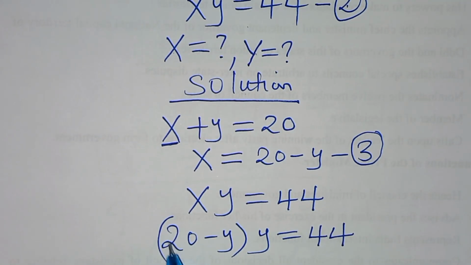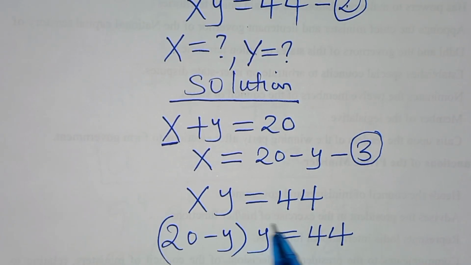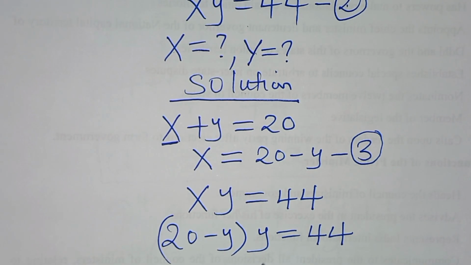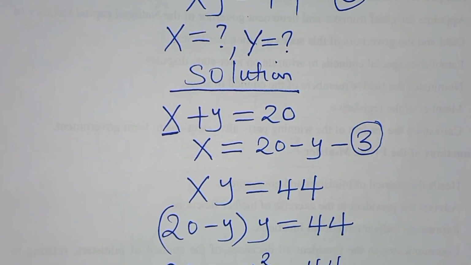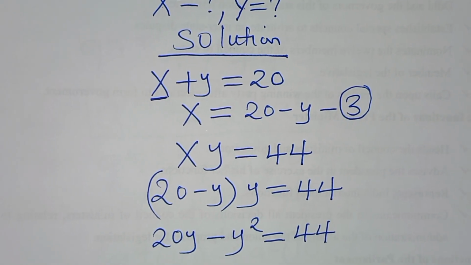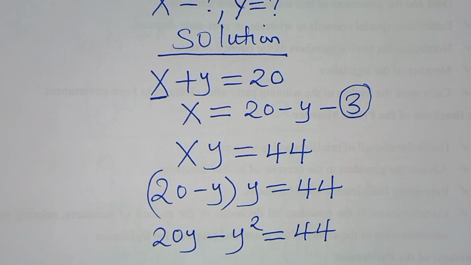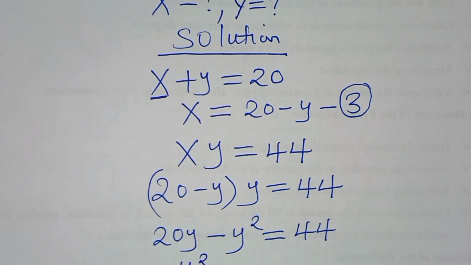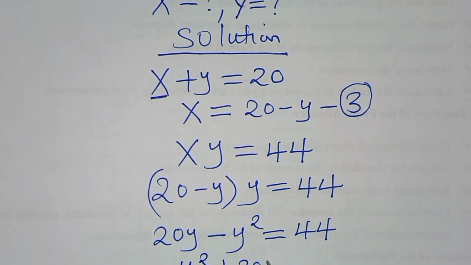So here you have 20 times y, this is 20y. Subtract y times y, this is minus y squared. This is equal to 44. The next step from here, we can rearrange this equation as minus y squared plus 20y.